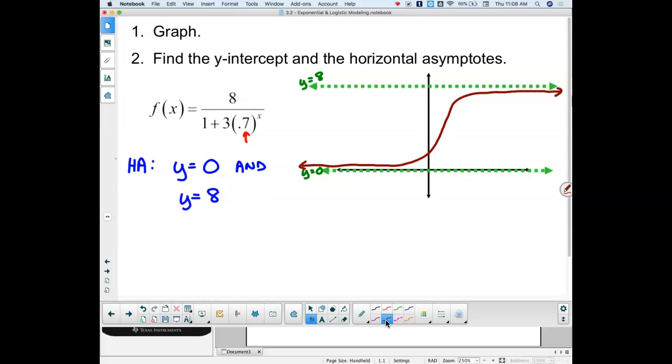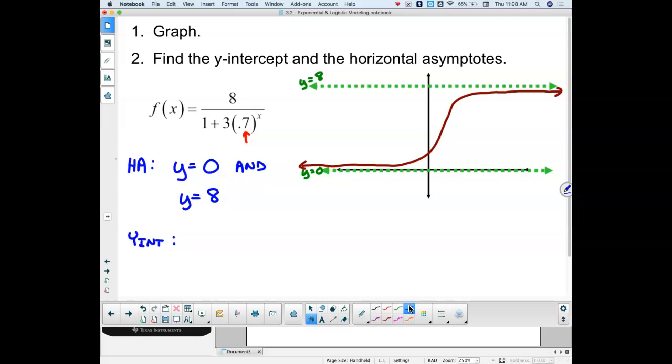From that, I can graph at least one point, and the one point I know I can graph is the y-intercept. How do I go about finding any y-intercept given a function? Plug in 0 for x. If I input 0 for x into this function, I get 0.7 to the 0 power.